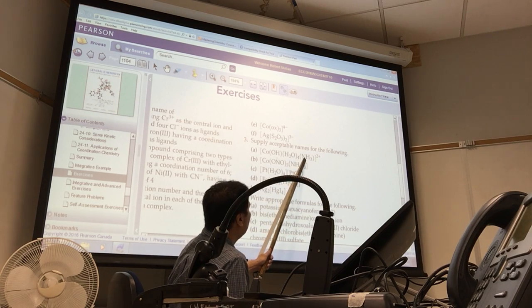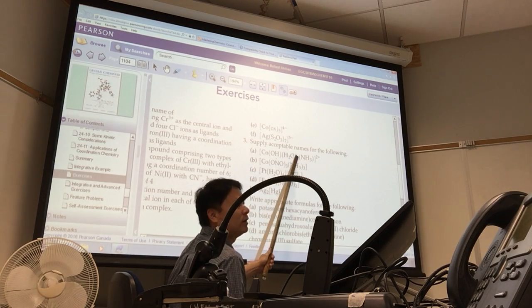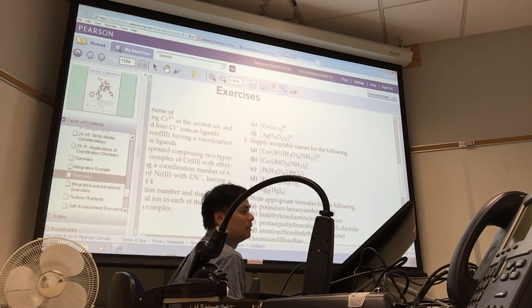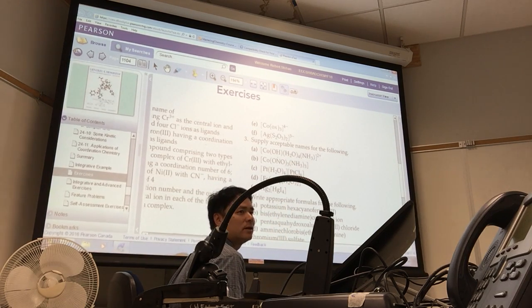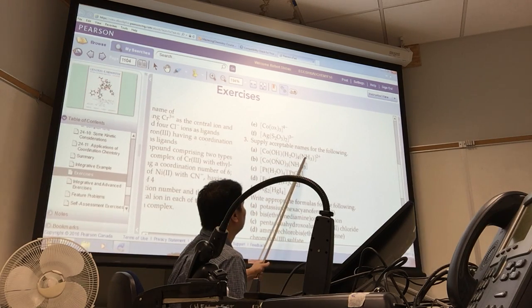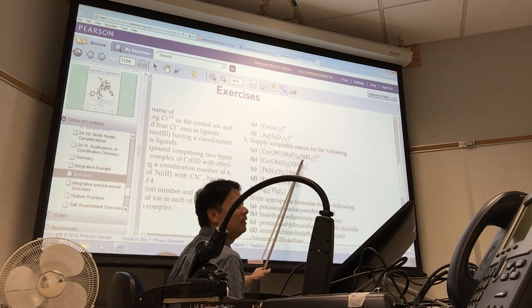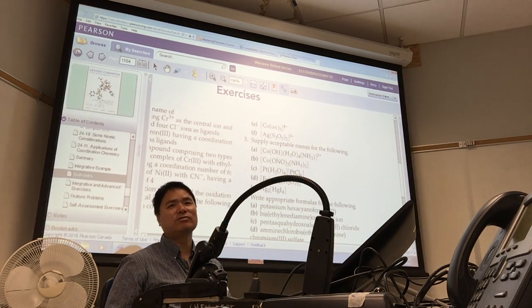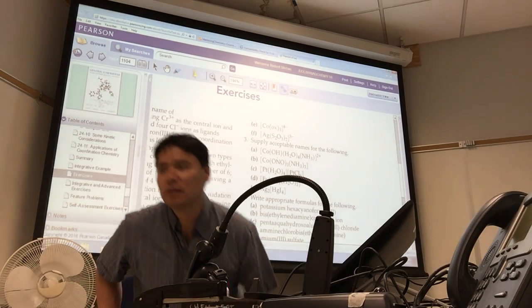For me, I would have put the amine before the aqua because amine comes before aqua. But whoever was on the rules committee wanted to do these alphabetically according to the first element in the formula. But the first element in the formula is inconsistent.